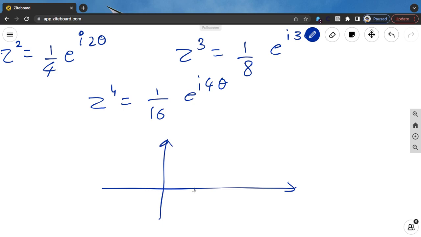So I'll start with 1, then half e raised to i theta, so maybe somewhere there. Then 1/4 and so smaller, somewhere there. 1/8, maybe somewhere there. 1/16, maybe somewhere there, and so on. Now if I join the points, what kind of a shape will it form?